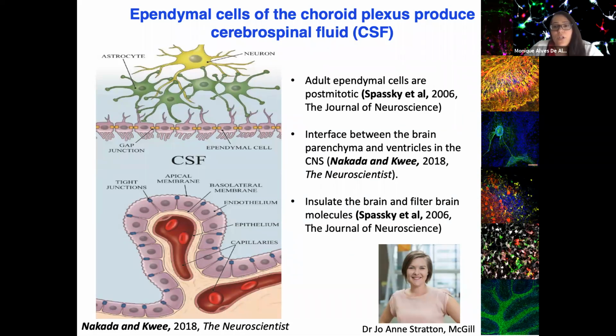It's also a niche for neural cells in the ventricular-subventricular zone. But it's really hard to study ependymal cells because there is a lack of techniques that can distinguish ependymal cells from neighboring neural cells. It has also been suggested that ependymal cells filter brain molecules, insulate the brain from potentially harmful substances, and help the dispersion of neural messages in the CSF.